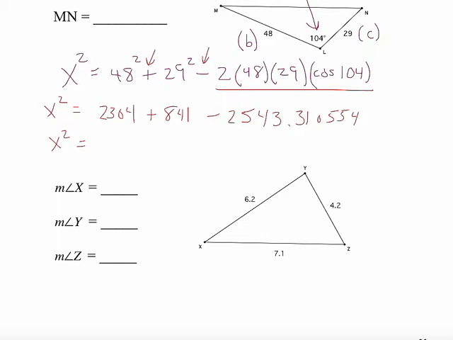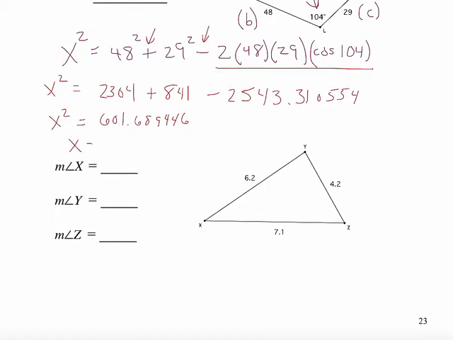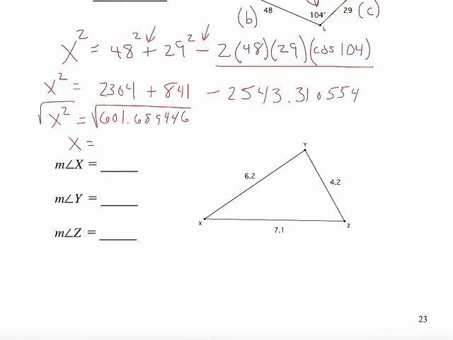And yes, I'm typing all of that into my calculator to be as accurate as possible. And what I'm getting is 601.689446, but that's equal to x squared. So the very last thing I should do in a law of cosines problem when I'm looking for a side is square root that number because I want to get x by itself. So I'm going to square root that, and I get x is approximately 24.53.